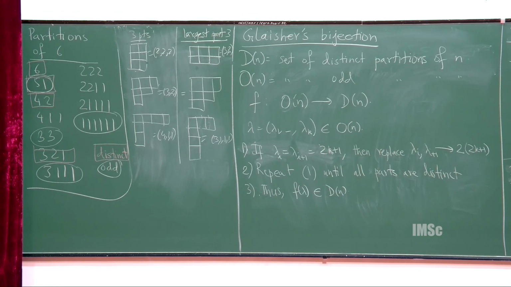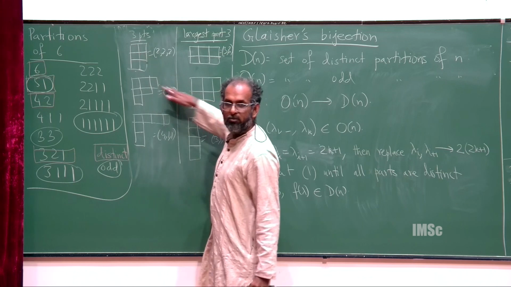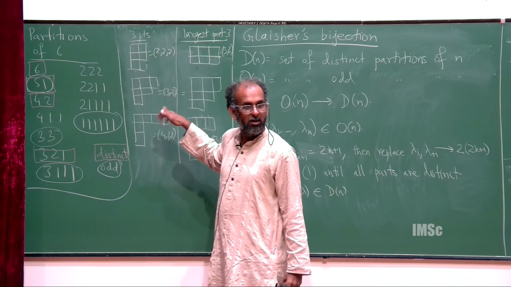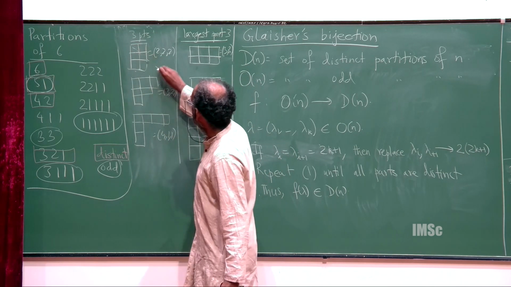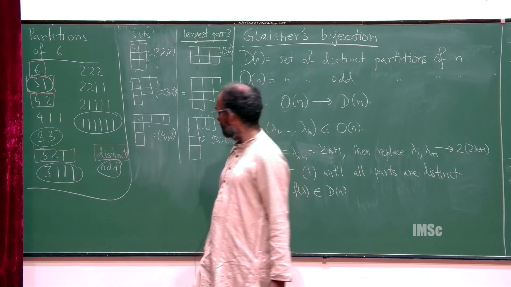Do you know what a symmetric matrix is? A is equal to A transpose. So if I transpose the diagram, that means I reflect about the diagonal. Here is the diagonal, and I reflect.